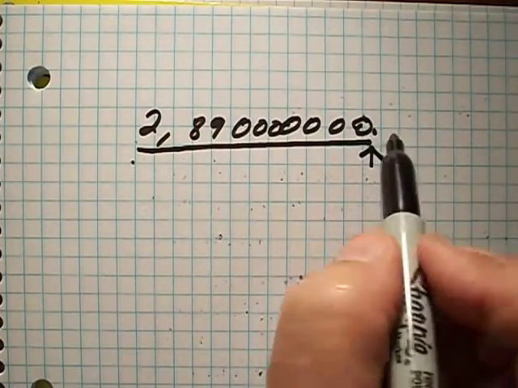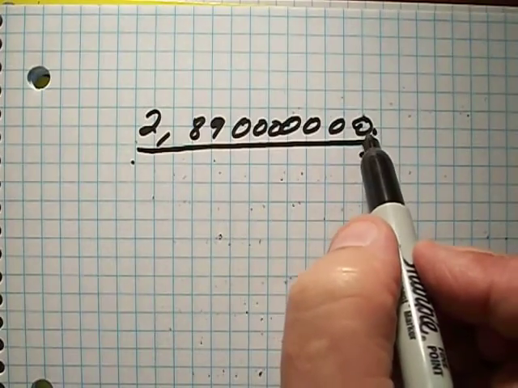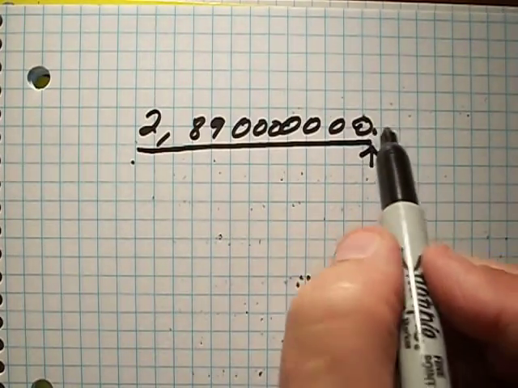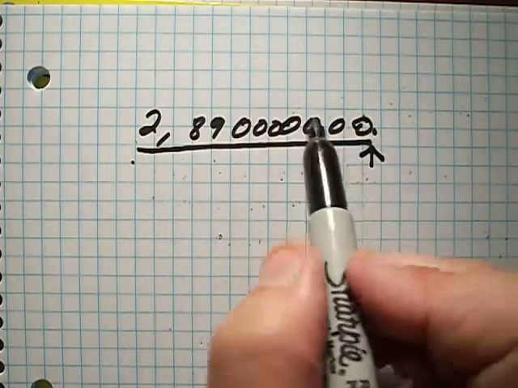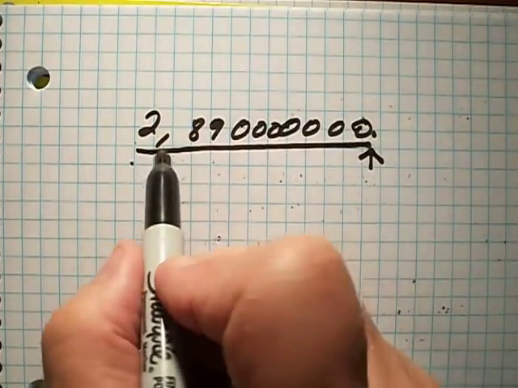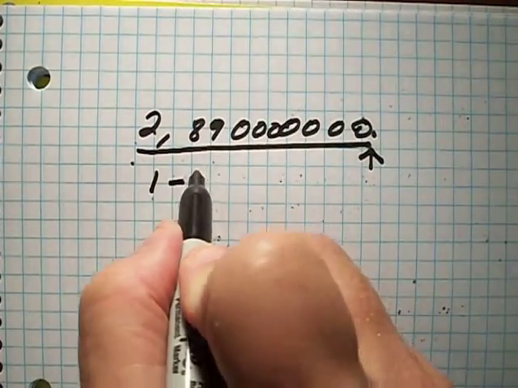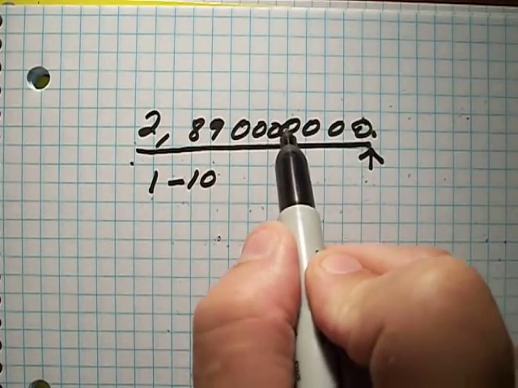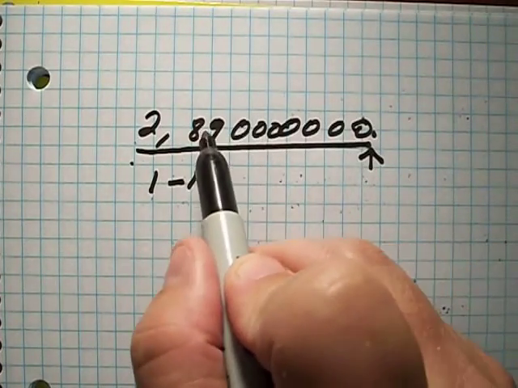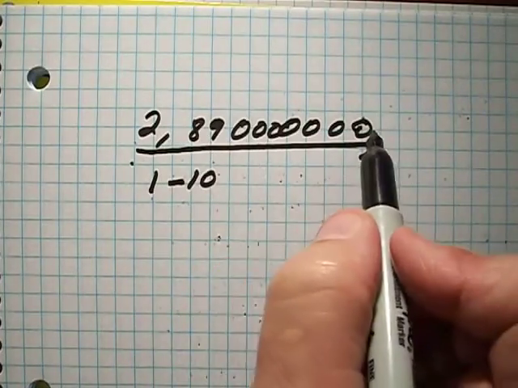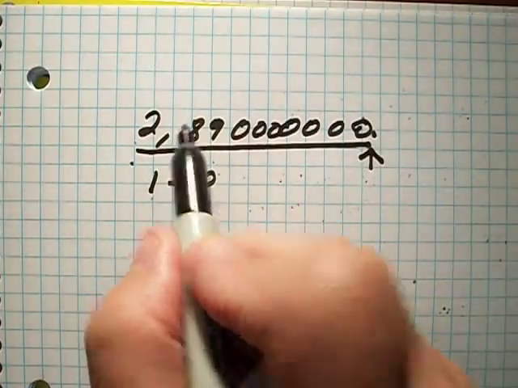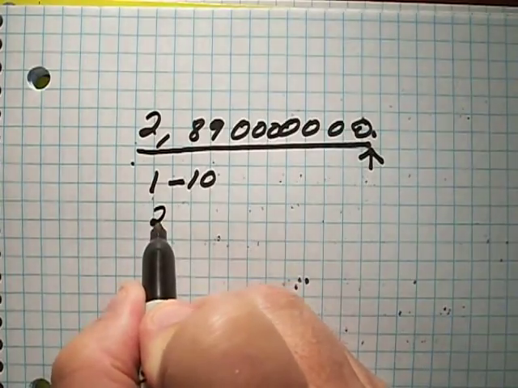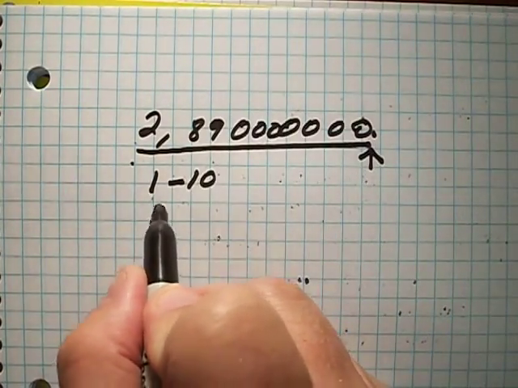So we begin here, and we count the number of digits going from the right to the left, until we get to a number that's between 1 and 10. Let's count them: 1, 2, 3, 4, 5, 6, 7, 8, 9.